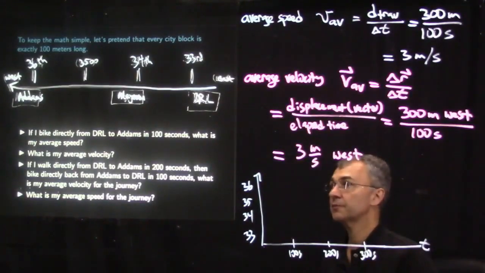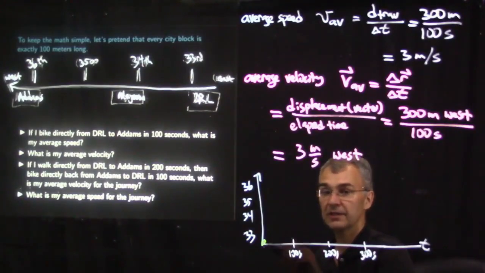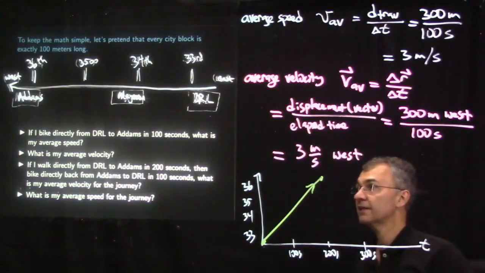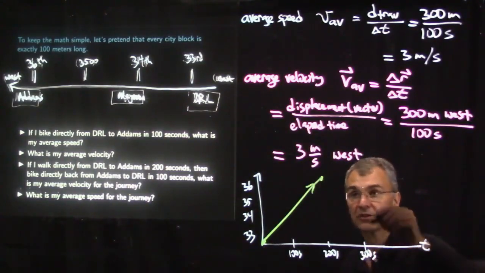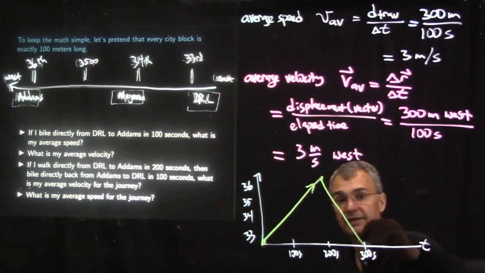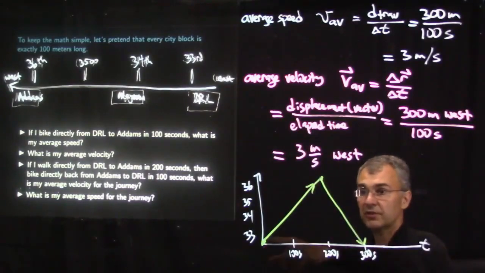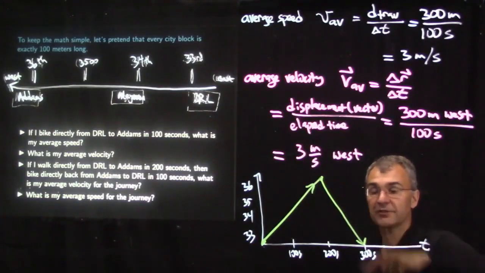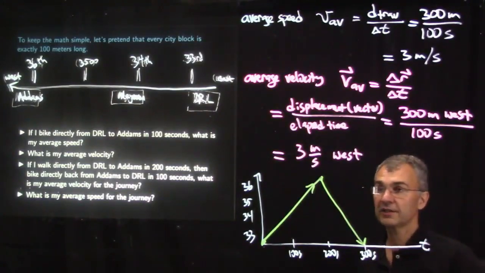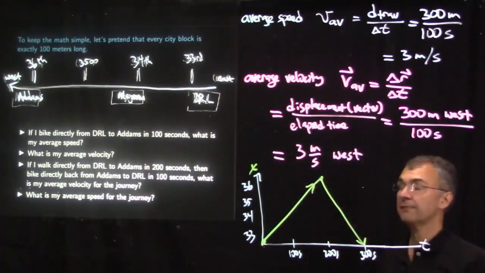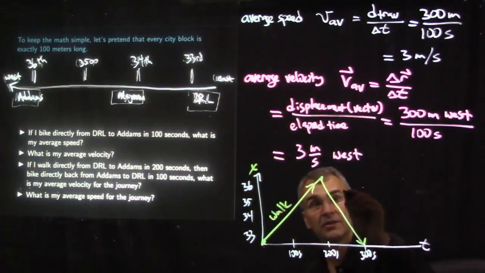I'm going from DRL to Addams in 200 seconds, like this. That's my first segment. And then I'm biking back from Addams to DRL in 100 seconds, like that. It's a little hard to see, but the magnitude of this slope should be twice the magnitude of the other slope, because I've traveled 300 meters in 200 seconds here, and I've traveled 300 meters the other direction in only 100 seconds here. So that's x versus t. This is walking, and this is biking.